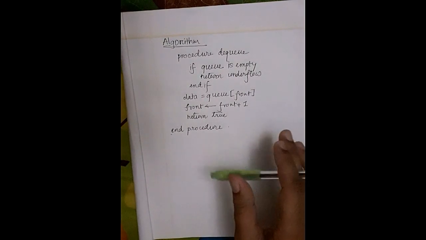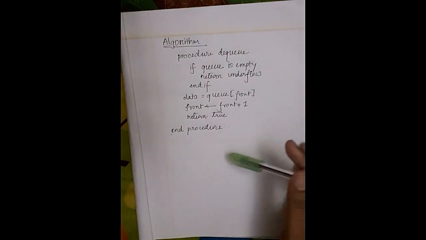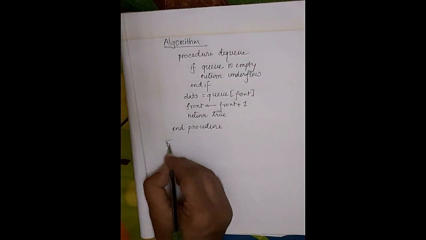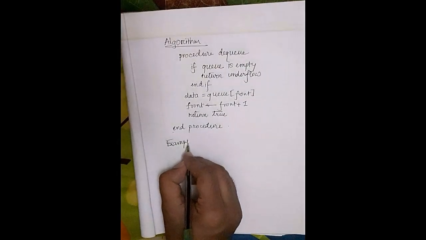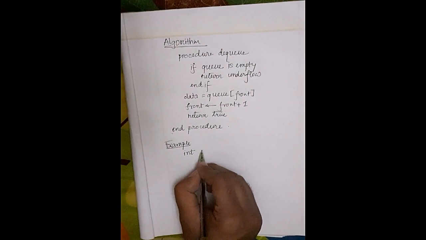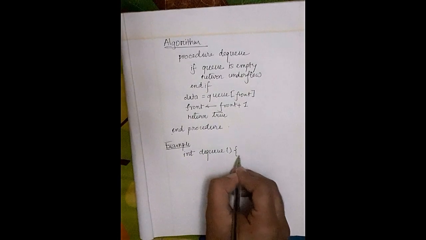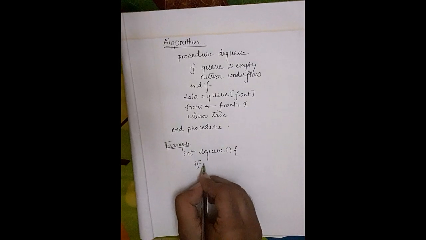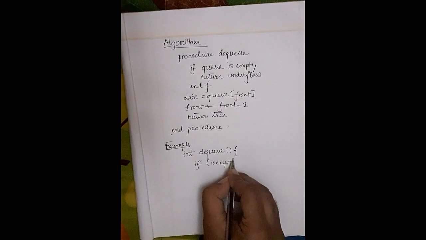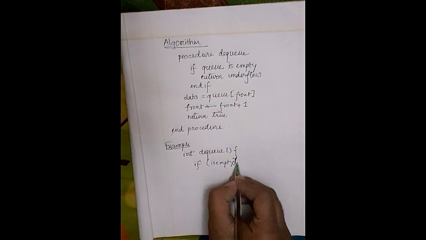If I ask you to implement this algorithm in C programming, I hope you will be able to do that. Let me write the example here. You try to do it in your compiler. So first we start with integer DQ, then we have if is empty, it should look like this, right?